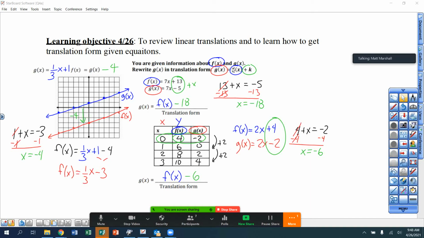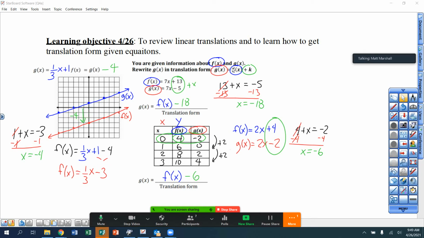Good job. Lola, can you tell me something? I learned how to do translations. Okay, and then back to this chart, what numbers from these equations am I really looking for here? The y-intercept. Good job. And then behind Lola, I got an Angel. Angel, by looking at this chart, how do I know which is the pre-image, which is the image? The pre-image is the f(x), and the after is the image.